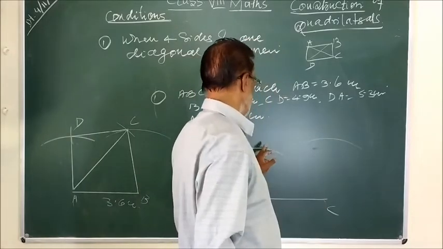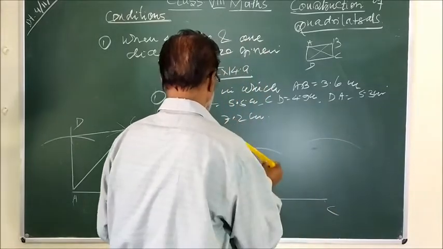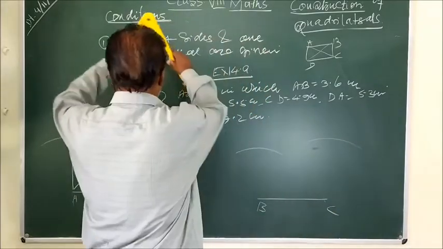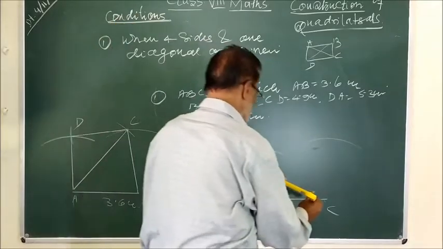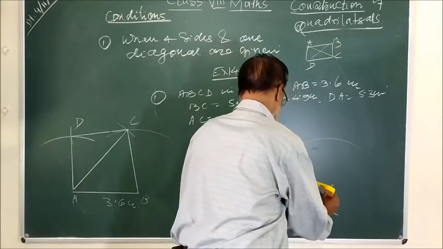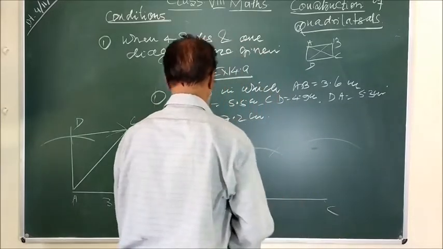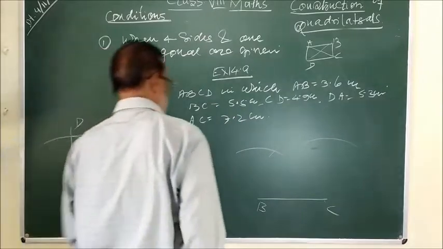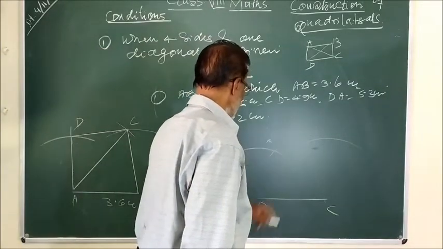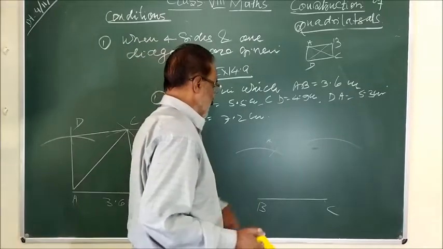From the diagonal we can get this point. This diagonal is CA, 7.2. You measure 7.2 on the scale from C, because we should know the point and then we can join. So this point will be A, because this is the diagonal. And for AD we have already taken the arc.